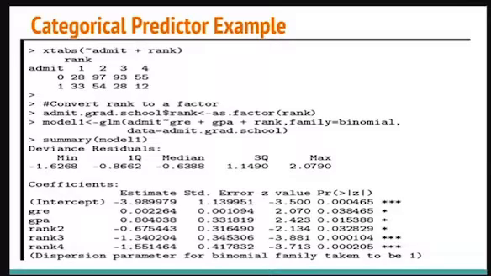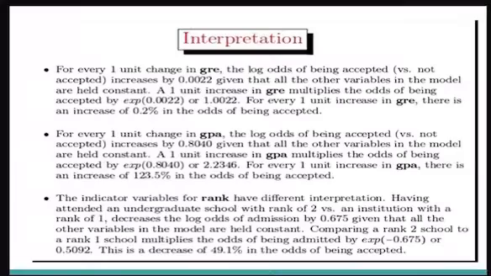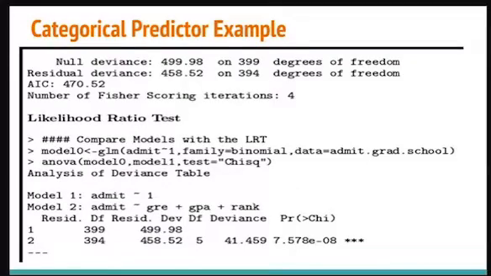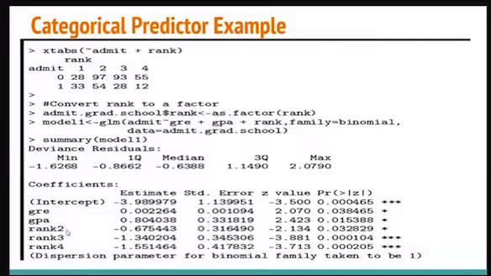And that was why I said the indicator variables for rank have a different interpretation. Having attended an undergraduate school with a rank of 2 versus an institution with a rank of 1. What do you think I want to interpret? When I mention that, I actually want to interpret the estimate for rank 2.